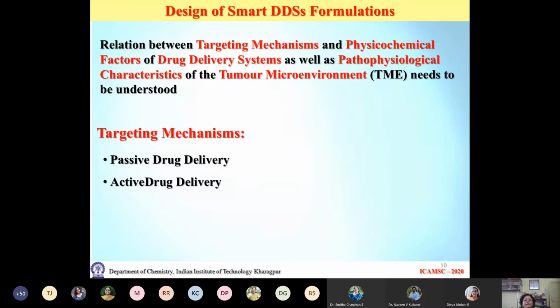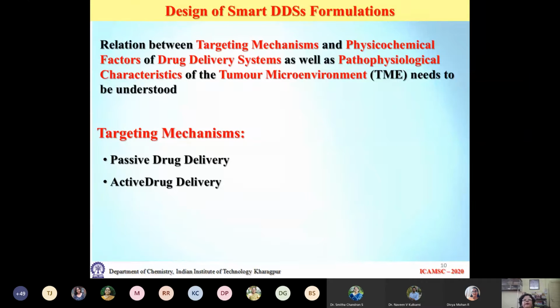So, to understand this, we should understand how the targeting mechanism works. We need to understand the relation between the targeting mechanism and the physiological factors, such as the size and surface charge of the drug delivery system, and also the pathophysiological characteristics of the tumor environment through which it is moving.